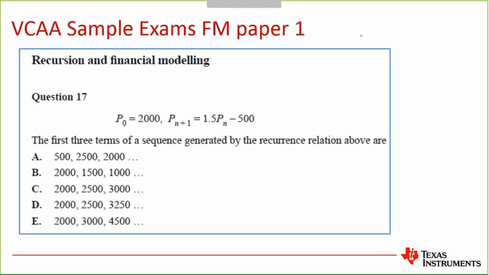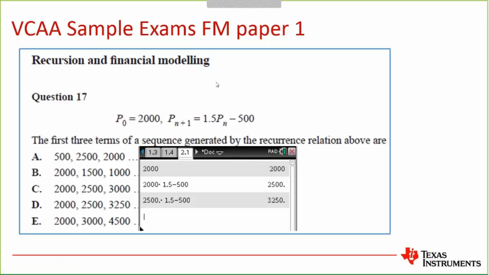Exam questions I will look at ever so briefly. Recursion and financial modelling. This is from the VCAA sample paper number 1. Here we have the initial term, and here we have the subsequent term n plus 1 being defined as, can you see the linear bit here? It's like saying mx plus c, where our gradient or rate of change is 1.5.